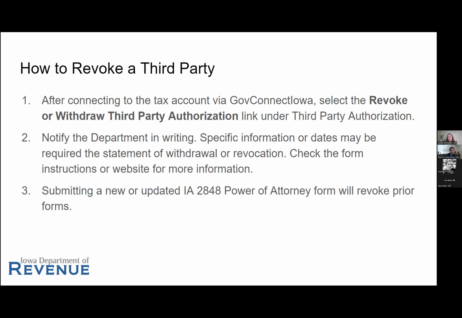And so this means that if you're submitting an updated 2848, make sure that you're listing all of the POAs that should be able to act. If you don't, this could mean that those other third parties are then revoked. And then another important note or common question that our third party team gets is that spouses filing on the same tax return must complete separate Iowa 2848 forms.